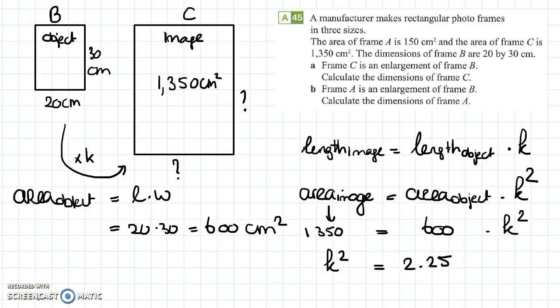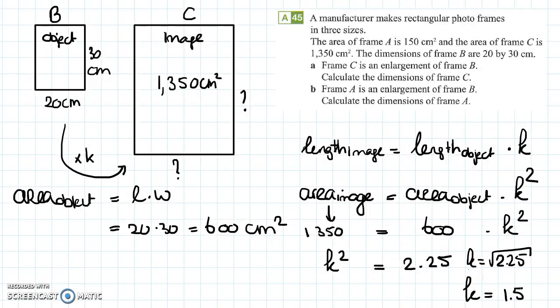So that's 2 1/4. If K squared is 2 1/4, then we take the square root of that number to calculate our scale factor. The square root of 2 1/4 is actually 1.5.